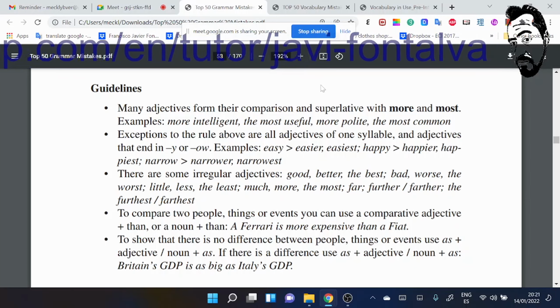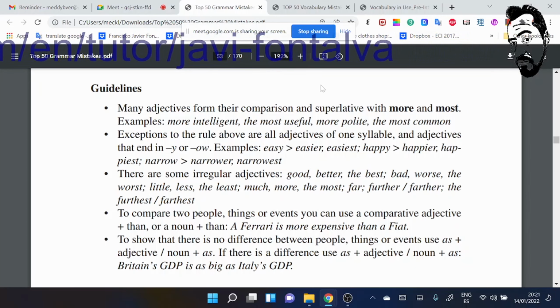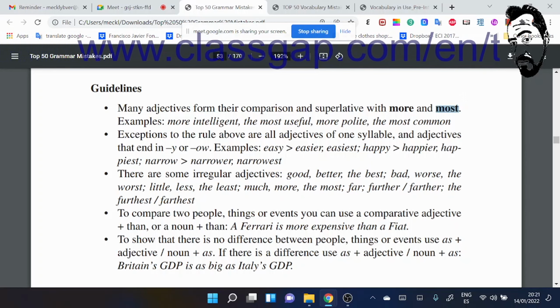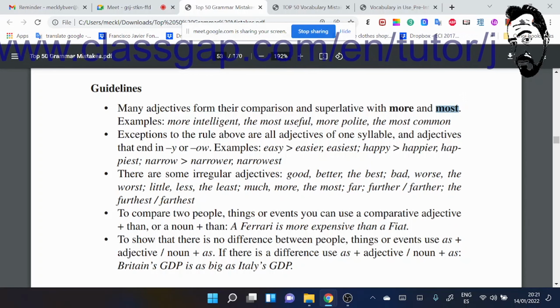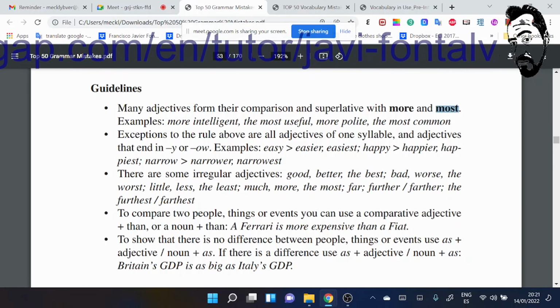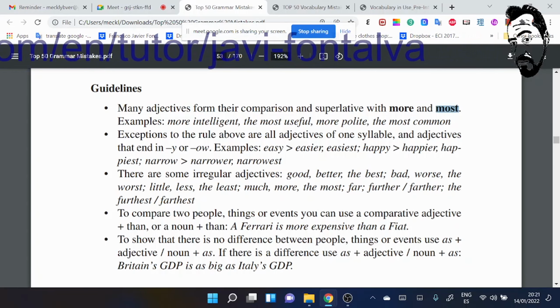But sometimes I want to say that something is number one in some quality. If I want to say this is number one in price, I use most. So the most expensive mobile, the most expensive car, the most beautiful woman.